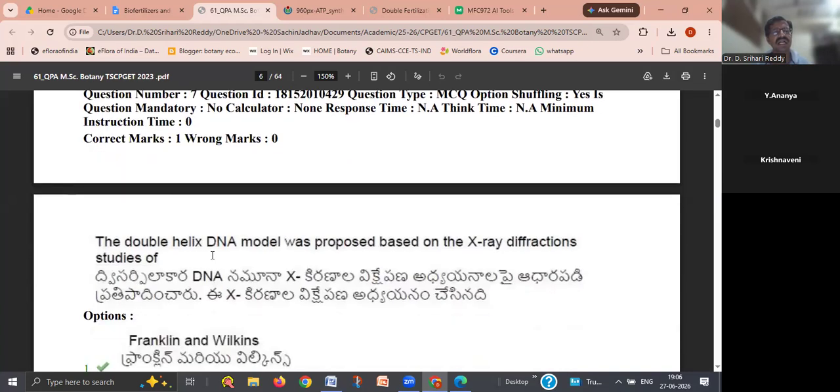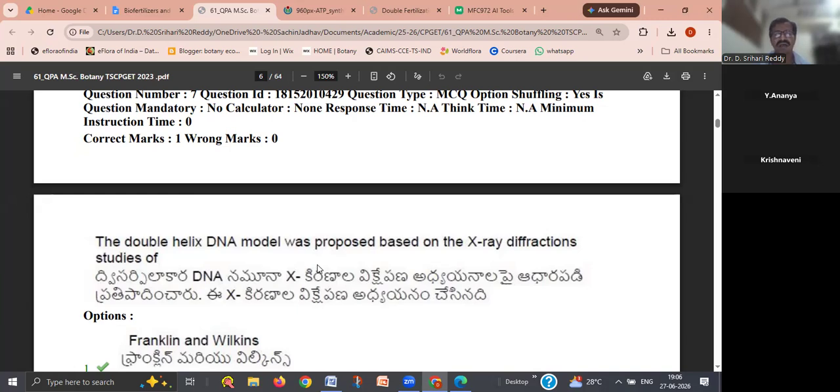Next one is: the double helix DNA model was proposed based on the X-ray diffraction studies of. So we know that the double helix DNA model was proposed by Watson and Crick, but they proposed this double helical model of the DNA based on the X-ray crystallography structure of the DNA, because there were so many scientists involved initially, like Linus Pauling and Erwin Chargaff.